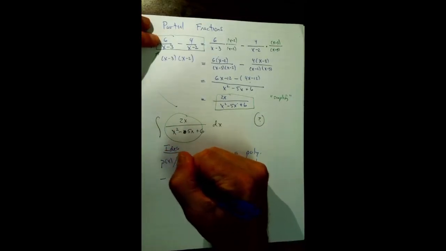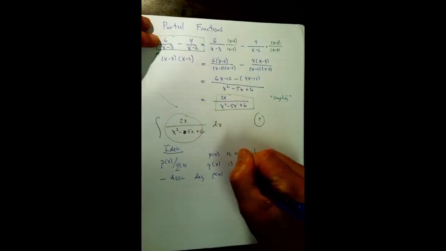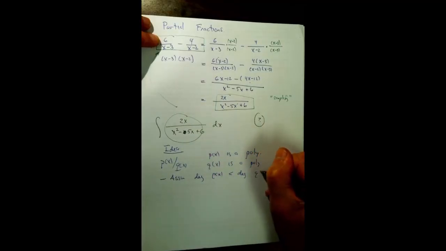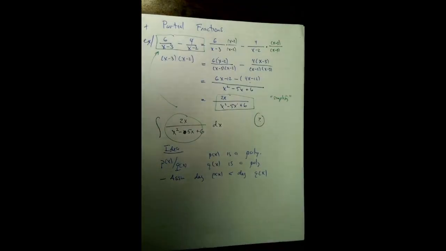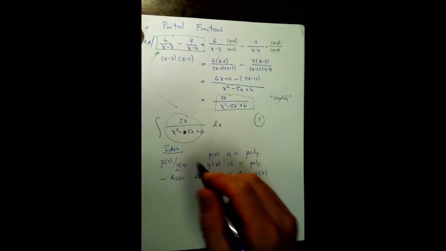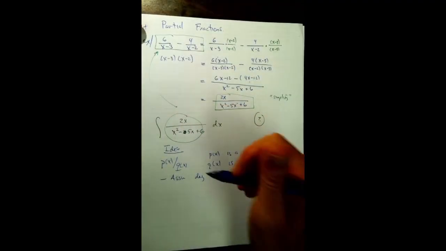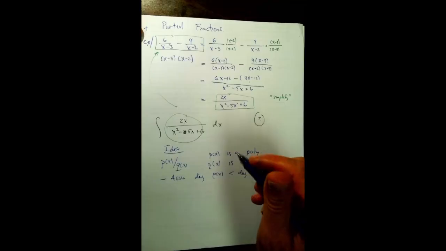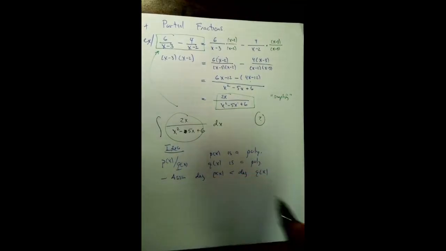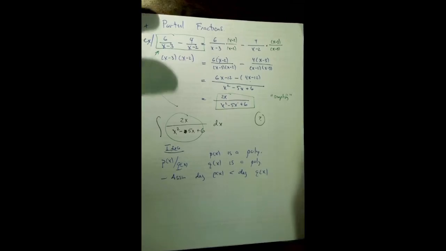We're going to assume the degree of p of x is less than the degree of q of x. If it's not, then you can do division, and you can divide it out and turn it into a polynomial plus a fraction in this form. Again, we're assuming at this point you've seen that and you know how to do that.